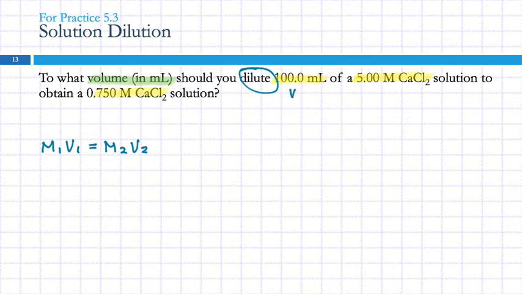So this is volume 1, and this is molarity 1. Then this has to be molarity 2. And I'm trying to find volume 2.